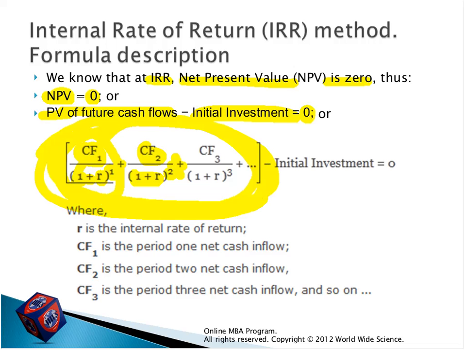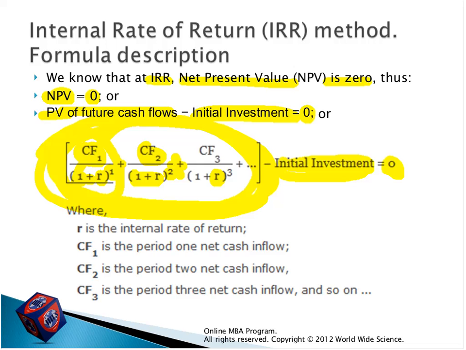Then, after we have summed the present values of the future cash flows over the years of a project, we have to deduct our initial investment, our investment cost. Then we must get zero. And the question is how to make our net present value zero if we do not know the required rate.